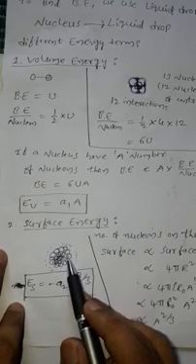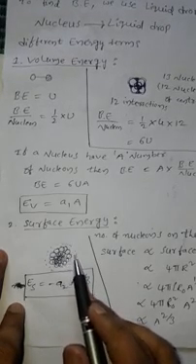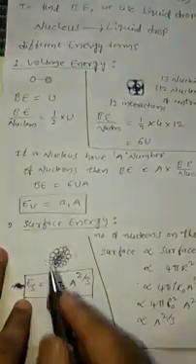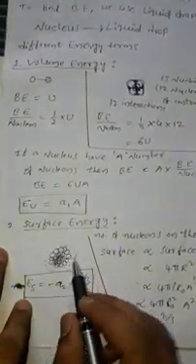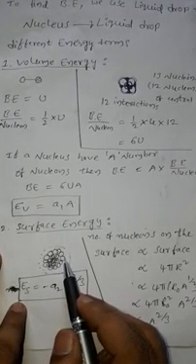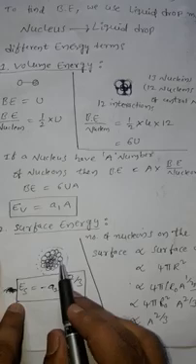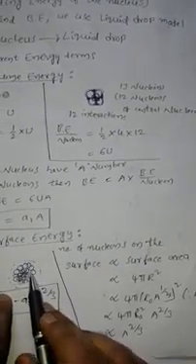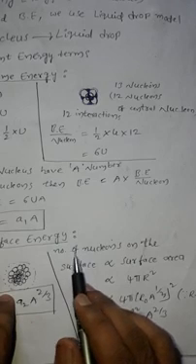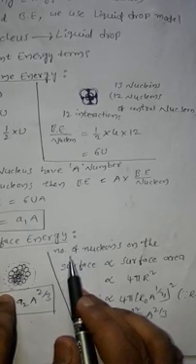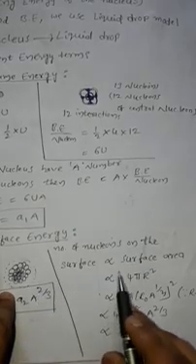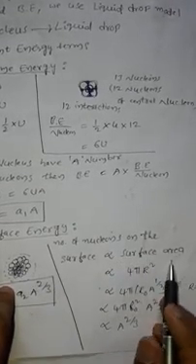That means we don't have 12 nucleons around them. Those nucleons are surface nucleons. The number of surface nucleons is directly proportional to surface area.